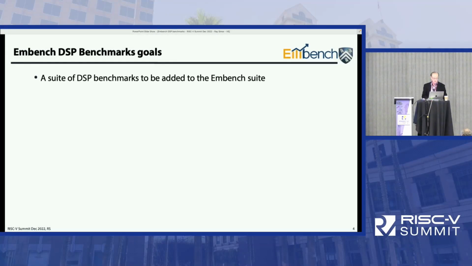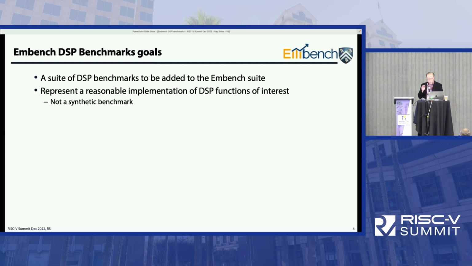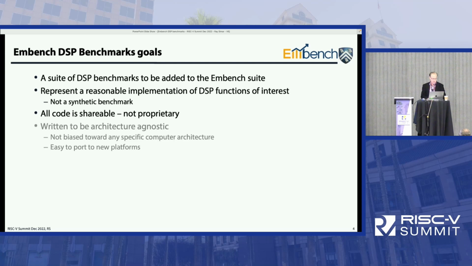So what are the DSP benchmark goals? We don't want to have one number. We want our DSP benchmarks to represent a reasonable implementation of a DSP function. We want someone in industry or someone who does research in DSP to look at this and go, okay, this is representative. All the code will be shareable, nothing's proprietary.